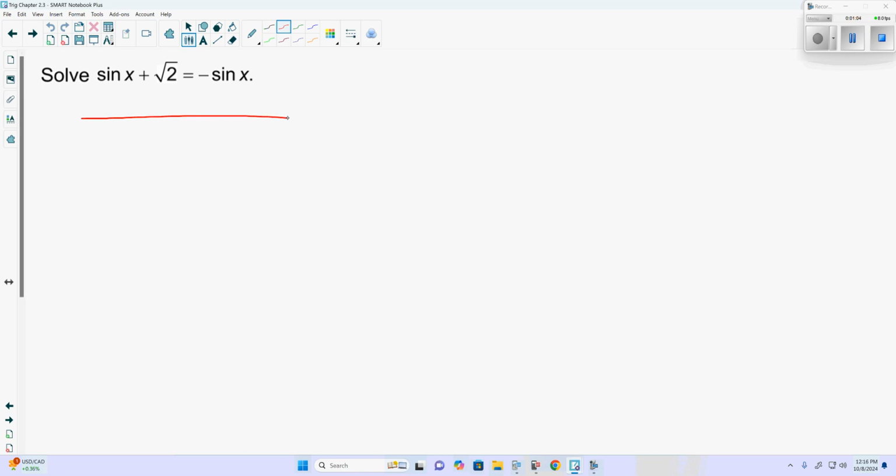So the first thing we can do here is add sine of x to both sides. Because on the right-hand side, negative sine of x plus sine of x is 0. On the left-hand side, sine of x plus sine of x, since they are like terms, we'll have 2 sine of x plus the square root of 2.